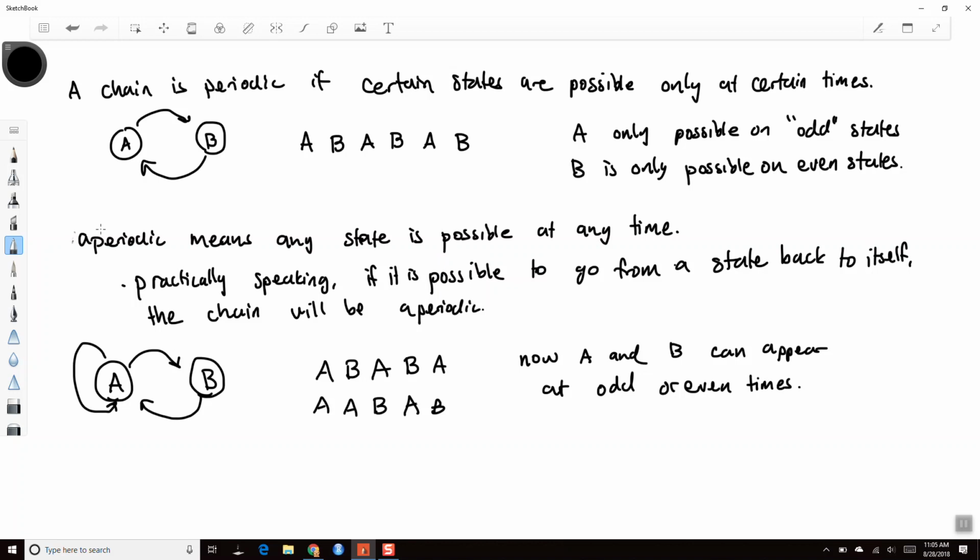But if somebody else ran it, B could show up at time 16 or whatever, at these other times, in the long run. Practically speaking, a chain will be aperiodic if just one of the states has the ability to go back to itself, because you can use that one state as a holding pattern or something, so that things can shift around.